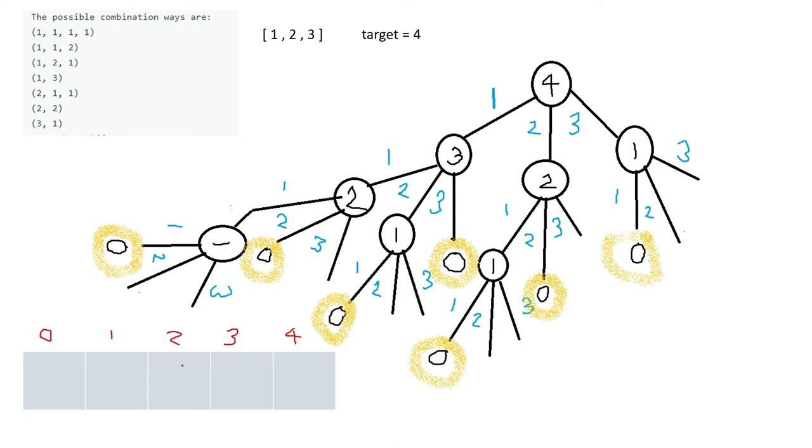So we have to think slowly. If my target is 0, that means only one possible condition is there, because we don't have to take anything. Apart from that, every other value we will fill as -1 initially.